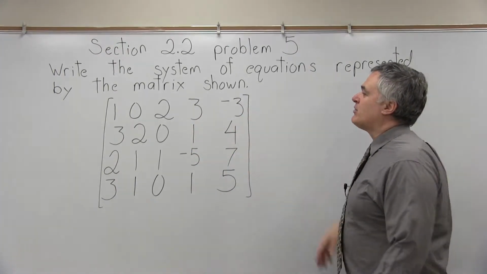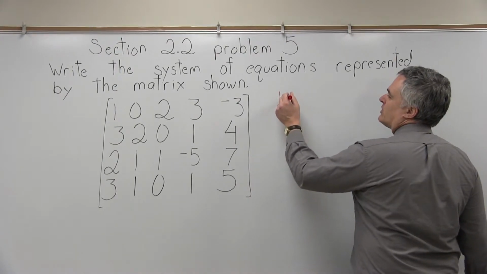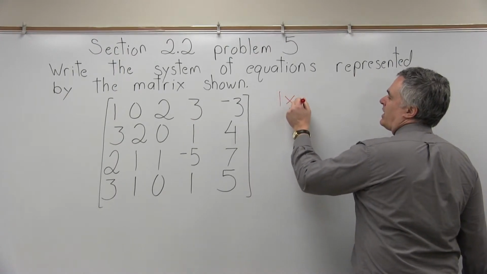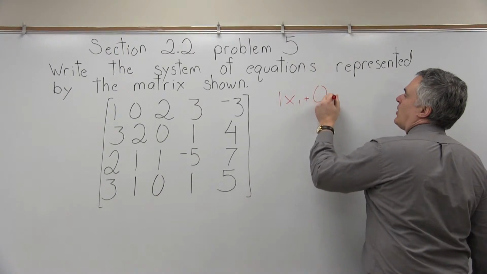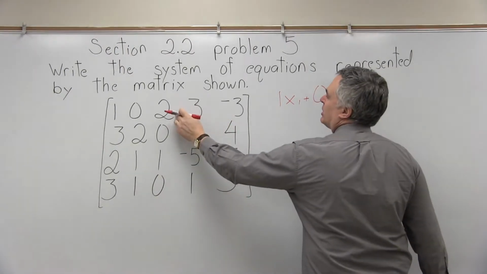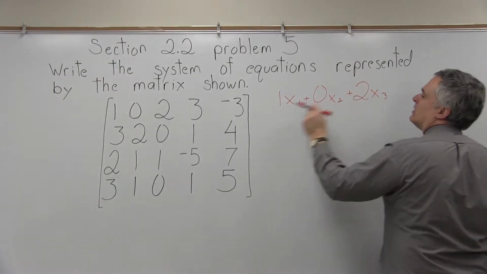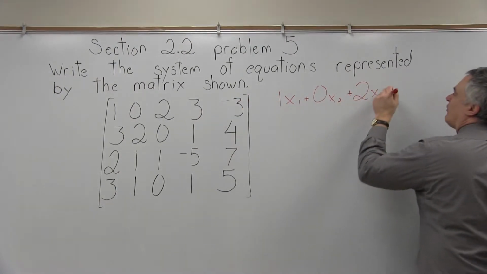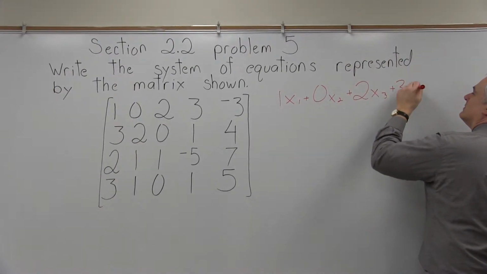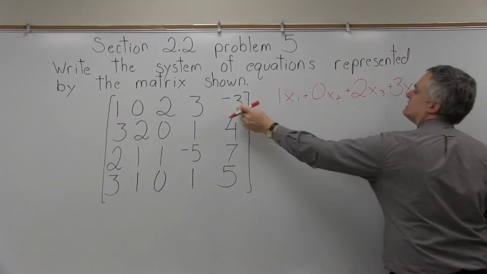So now that top row will be the equation 1x1 plus 0x2 plus 2x3 plus 3x4 equals negative 3.